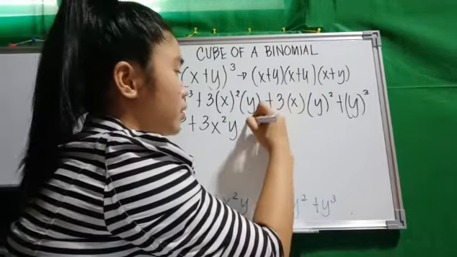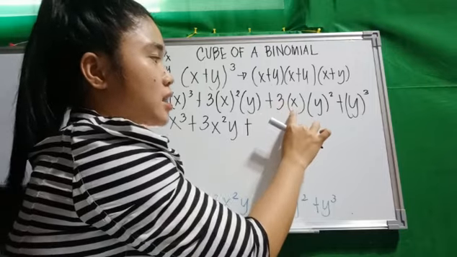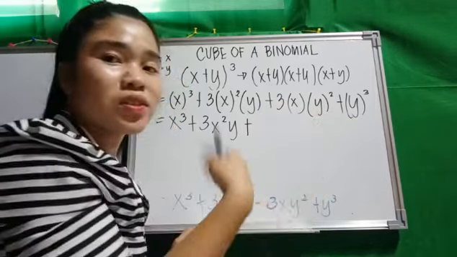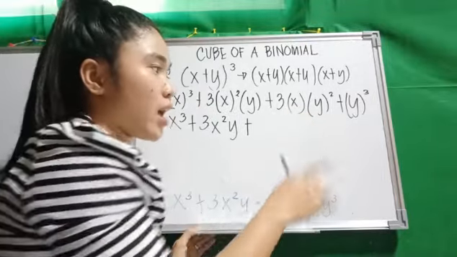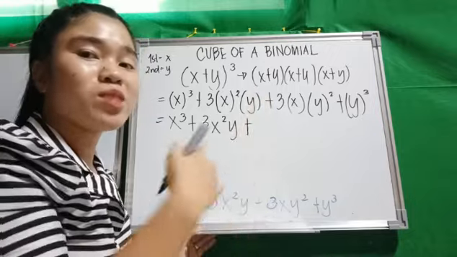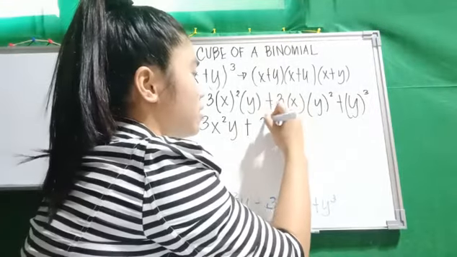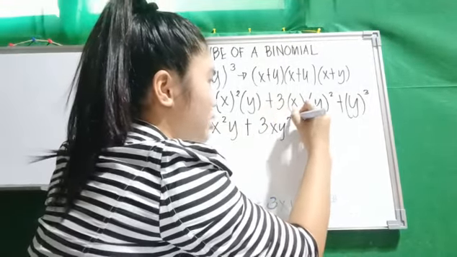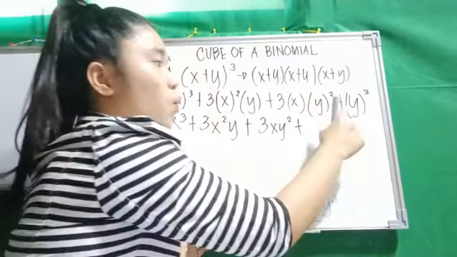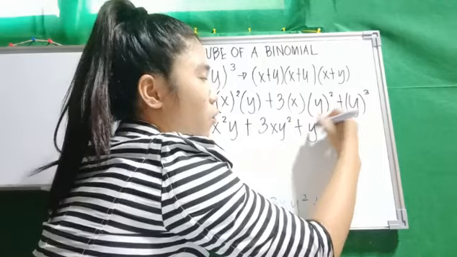The next, eto muna tayo sa may exponent. So, y times y will give us y square times x, or xy squared times 3, it will give us positive 3xy squared. Then, the last one is to cube the last term. So, y cube will also give us y cube.